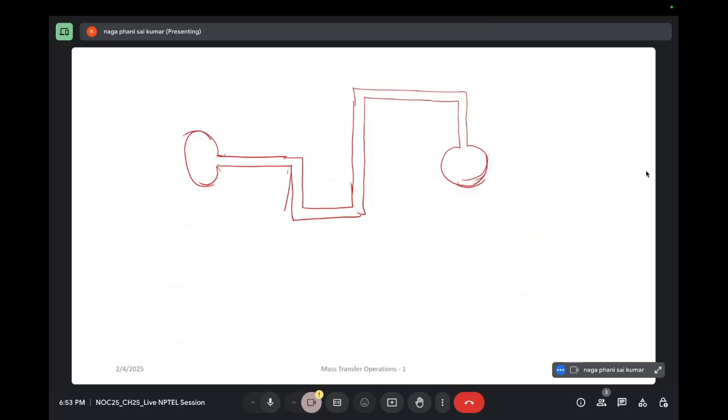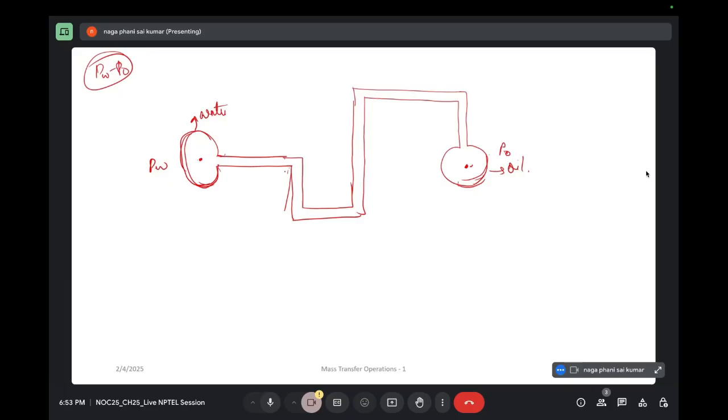So let's say these dimensions are equal. This is filled with water, and this is filled with oil. We want to measure, let's say this is PW and this is PO, we want to measure PW minus PO. How do you measure it?